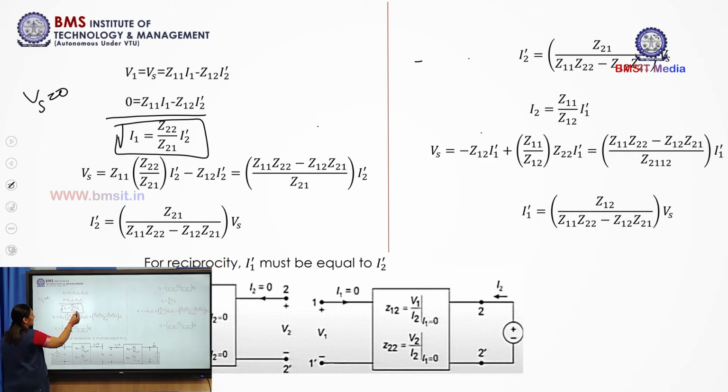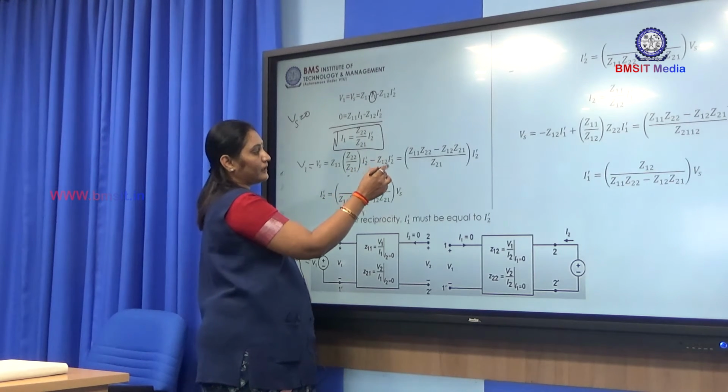Now substitute this I1 once again into the V1 equation. V1, that is nothing but Vs. So V1 equal to Vs, which is equal to Z11 into I1. I1 is now Z22 by Z21 I2 dash minus Z12 I2 dash.